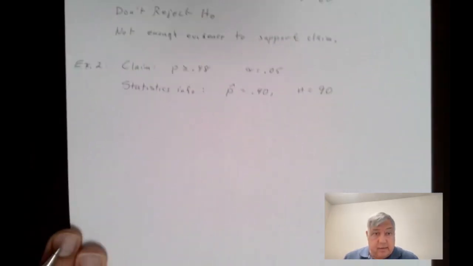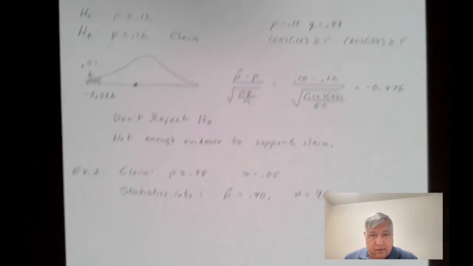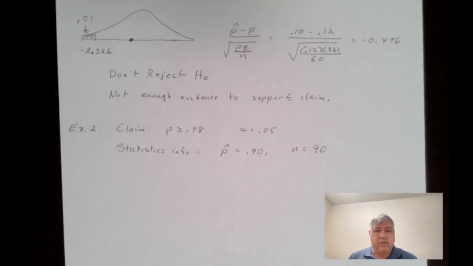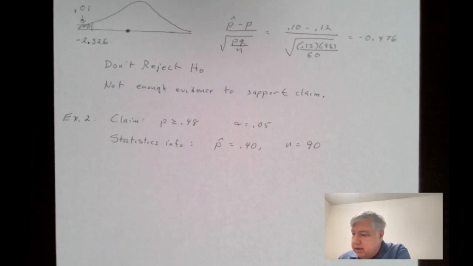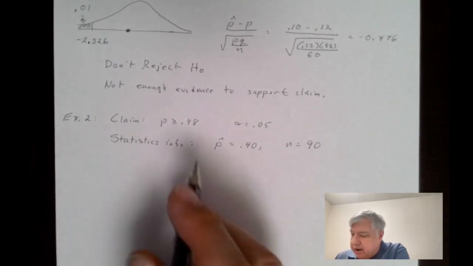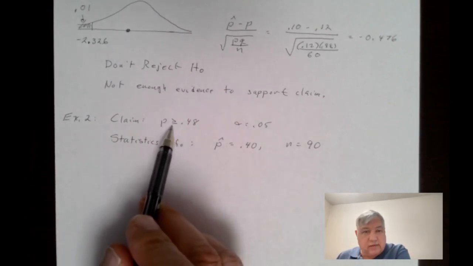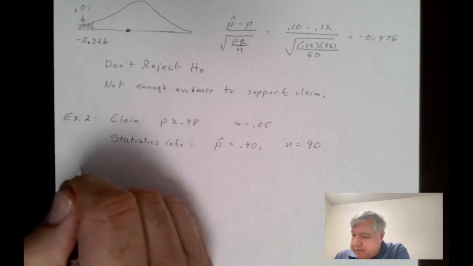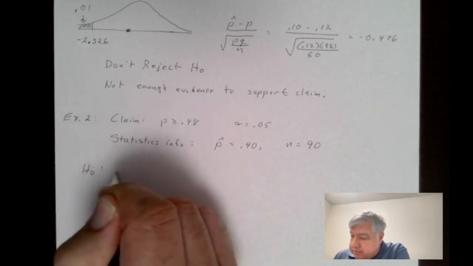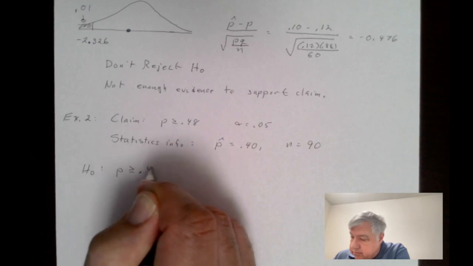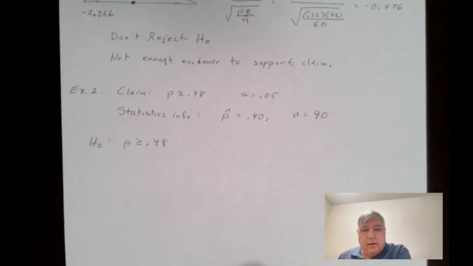Let's look at this next example. The claim says that p is greater than or equal to 0.48. Level of significance is 0.05. Let's go ahead and write down our hypotheses. Because it has equality in it, this is the null hypothesis, and that's our claim.